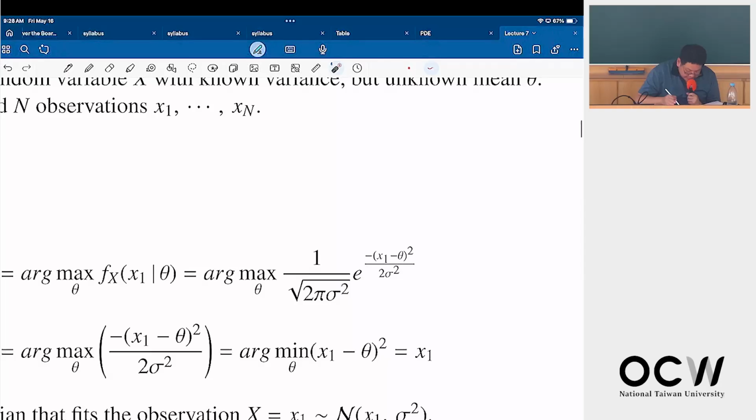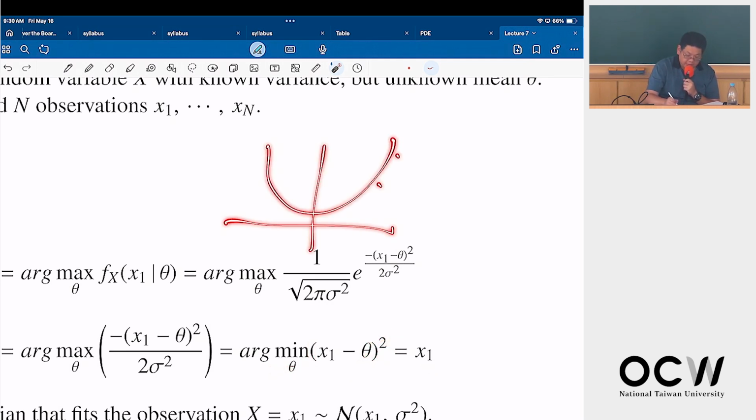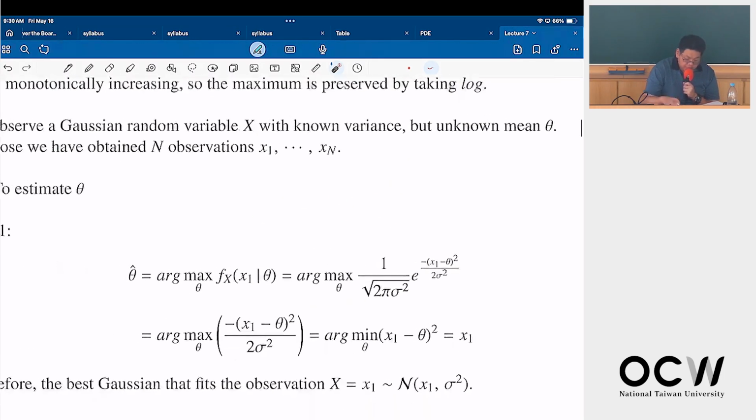So to find the minimum of this perfect square, what is theta? The minimum is 0 when theta equals x1, because of the shape of the square. So that means my theta should be equal to x1.